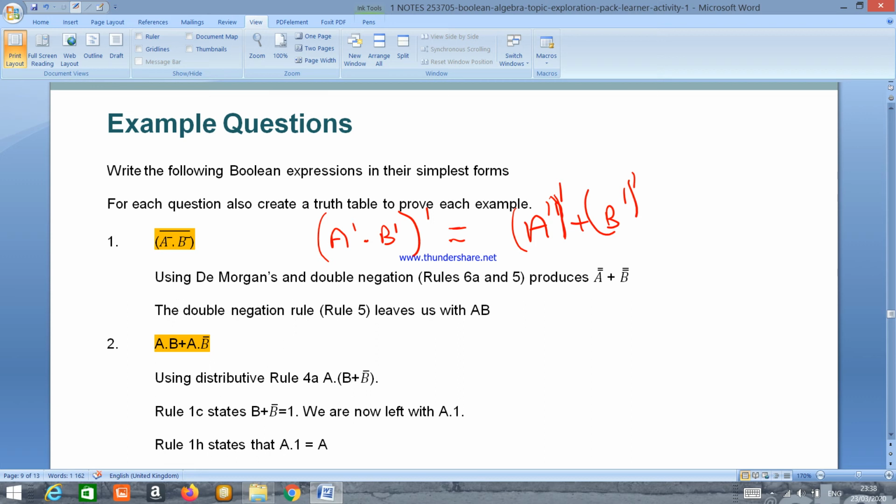So dash dash will cancel, dash dash will cancel, we'll get A plus B. A plus B.